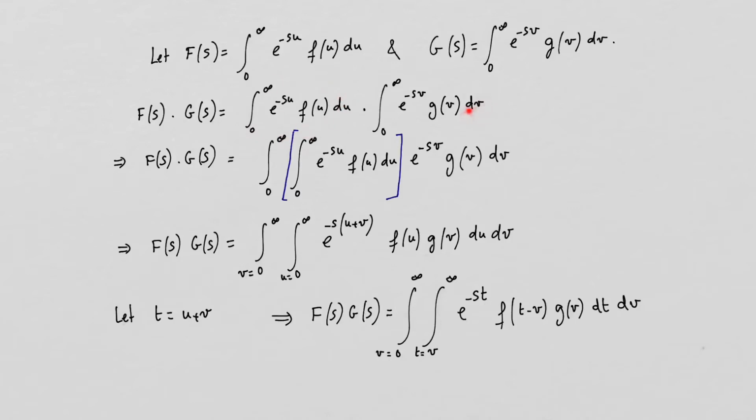Imagine v lives in this world of v's and doesn't recognize u as a variable. So I can take this entire quantity here and dump it right there in front of e to the negative sv. That's all I did. I took it inside, so everything remained.